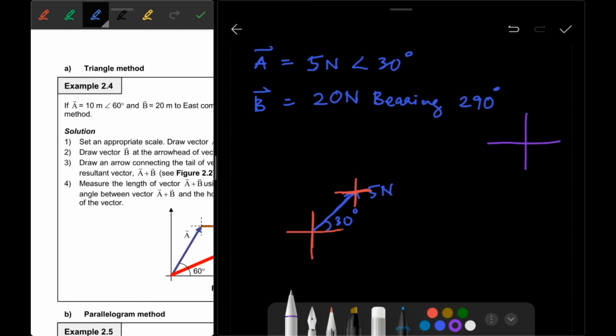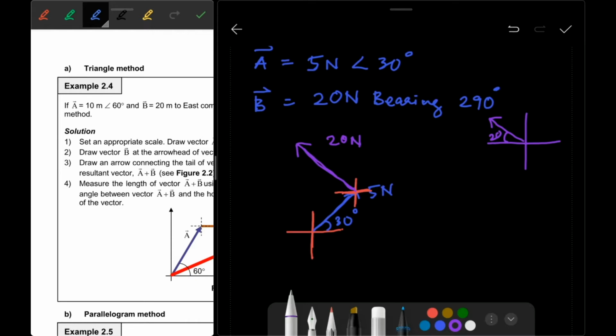Remember, bearing is measured from the positive y-axis, clockwise, until here 270. 290 is somewhere here. So this is the direction of vector B, 20 Newton.